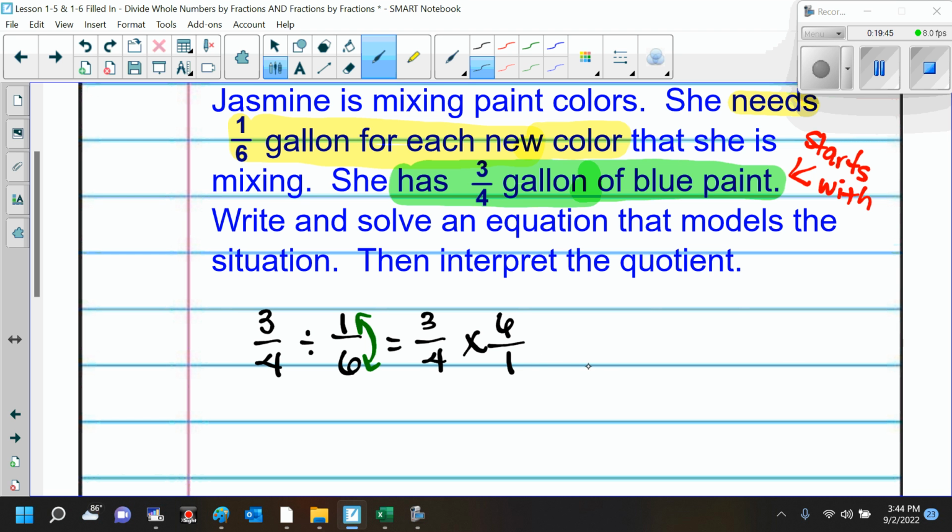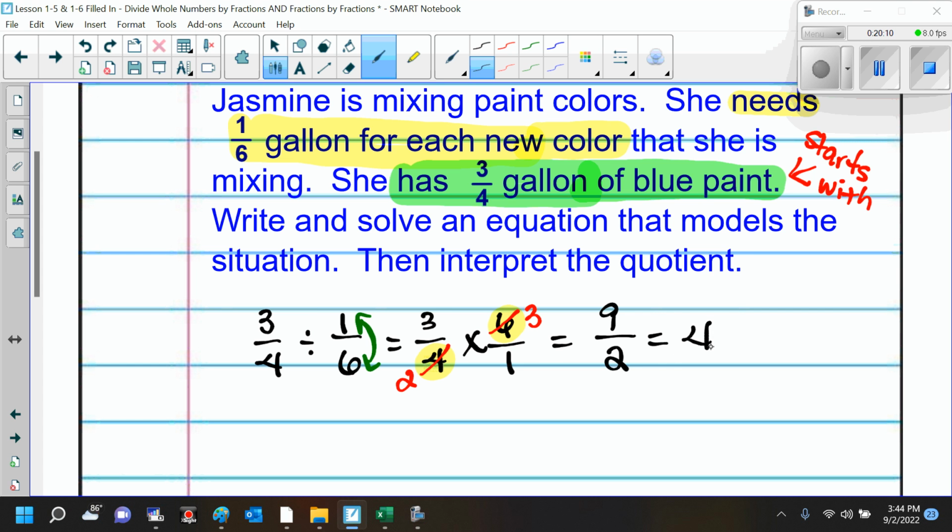Now, before we multiply, we should try to simplify, and we can do that with the 4 and the 6. So 4 divided by 2 is 2, and 6 divided by 2 is 3. So when we multiply straight across, we end up with 9 over 2, which simplifies.